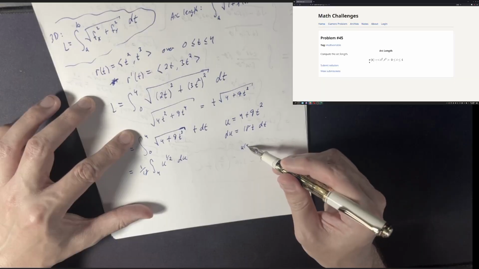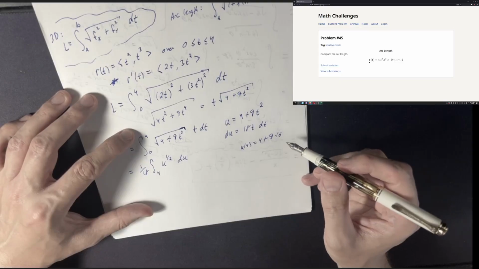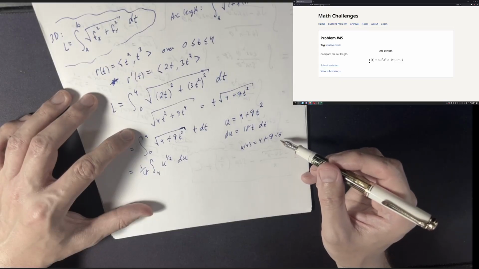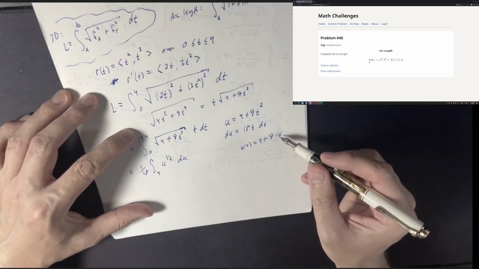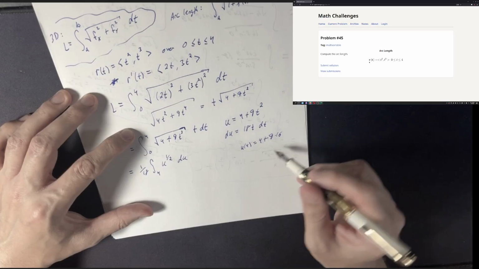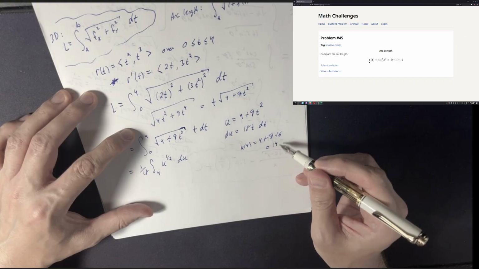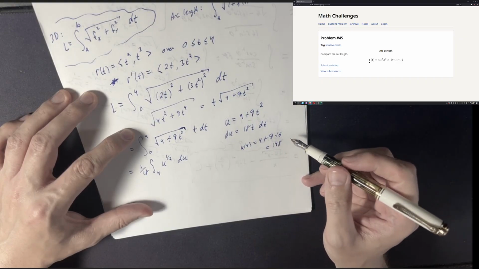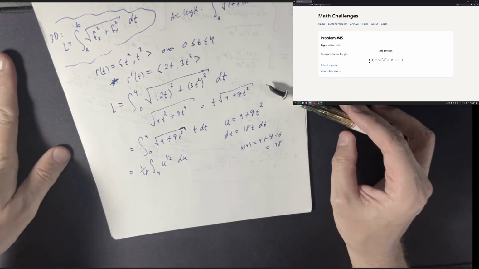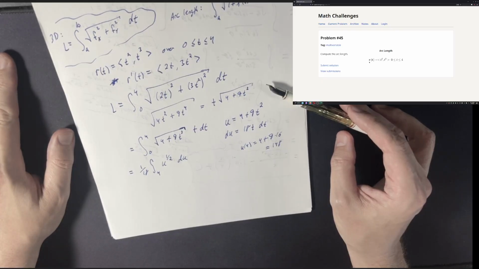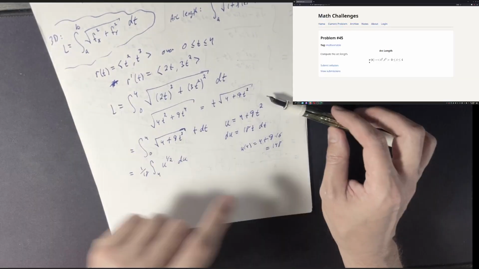u of 4 is like 4 plus 9 times 16. So what's that, like 90 plus 54? So 90 plus 58 is like, I want to say 148, right? 9 times 16. 90 plus 45 is 135, plus another 9 is 144, plus 4 is 148.